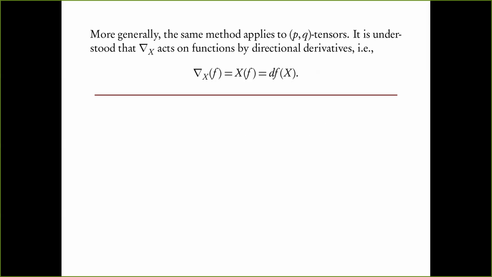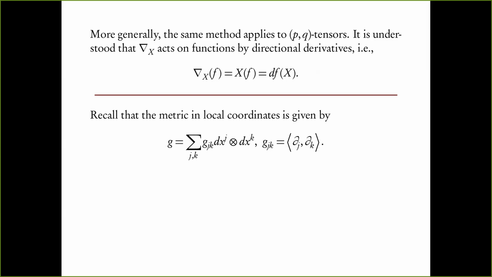So now that we have defined what nabla does to a PQ tensor, we are in shape to talk about what it does to a 0,2 tensor. And remember, the Riemannian metric was a very specific 0,2 tensor. It was a symmetric 0,2 tensor. So let's recall what this Riemannian metric does. In local coordinates, a Riemannian metric looks like a sum.